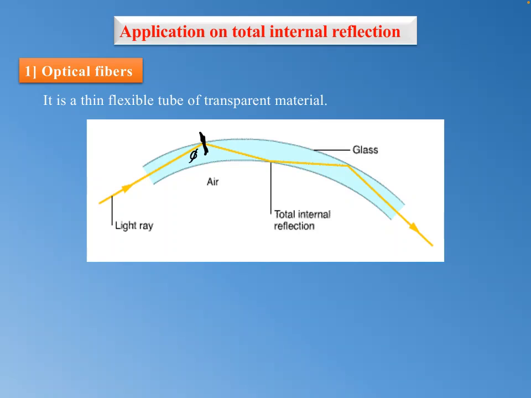The light ray will reflect and then fall at an angle greater than the critical angle, and reflect another time. It repeats this until the light comes out from the other side. This is called an application of total internal reflection, the optical fiber. Light can reach areas it could not otherwise reach in this way.